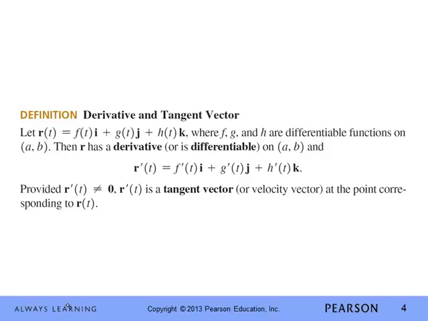And we also can interpret it geometrically as a vector that is tangent to the curve. We also call it a velocity vector. After all, what's the derivative of the position function? Velocity, right? So you shouldn't be surprised that r prime is the velocity vector at whatever point corresponds to t. Okay?